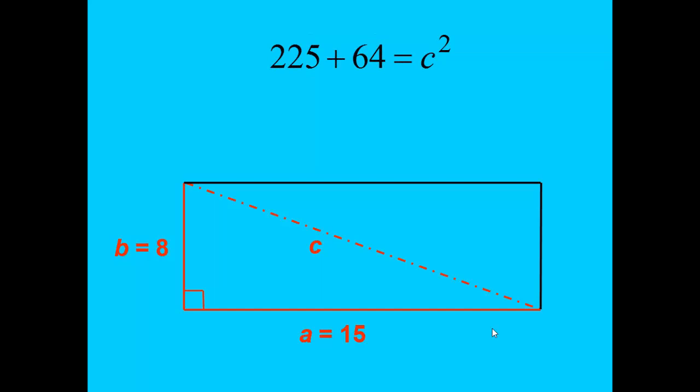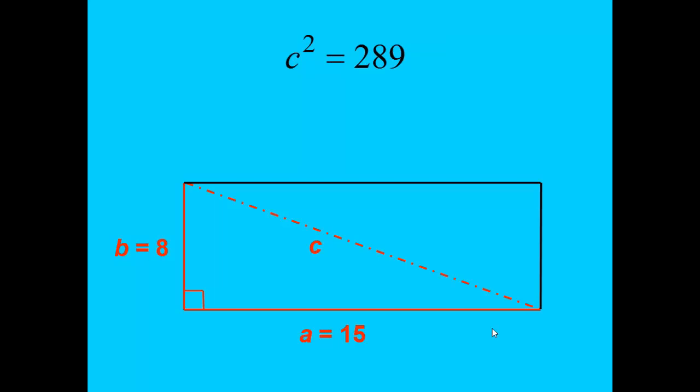Remember, 15 squared means 15 times 15. 15 times 15 is 225. 8 times 8, which is a smaller square, so hopefully we're familiar with it, is 64. So we have 225 plus 64 equals c squared.